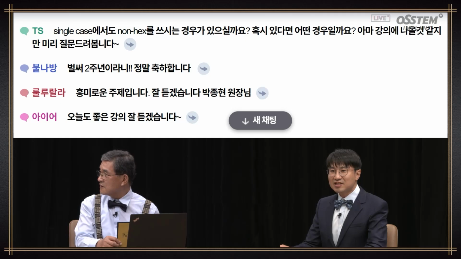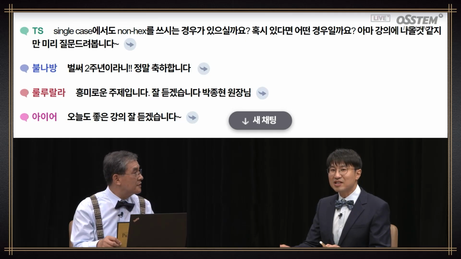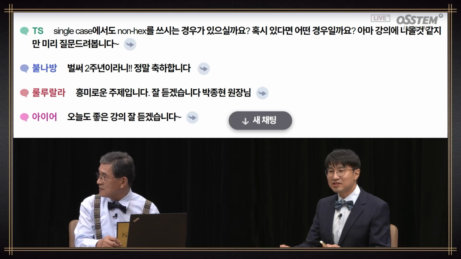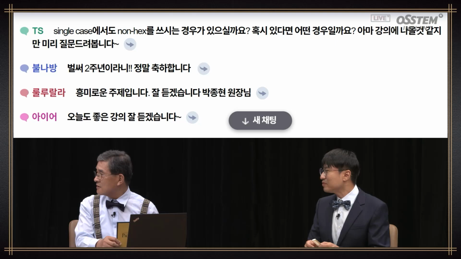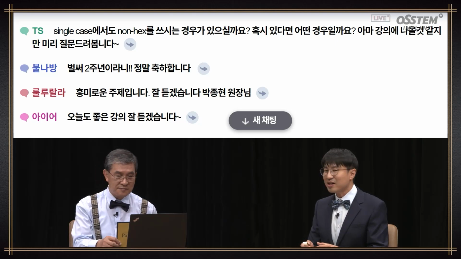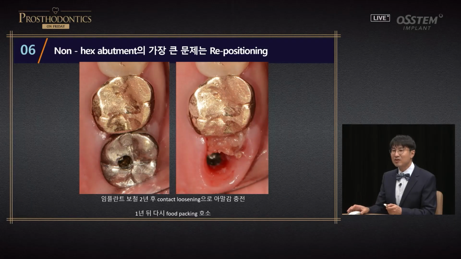The toughest part for many people is what to do to use non-hex for single cases. I rarely use hex abutment. I use non-hex abutment. Whether you can do repositioning using non-hex abutment, a lot of people ask me about this. Repositioning is very difficult.